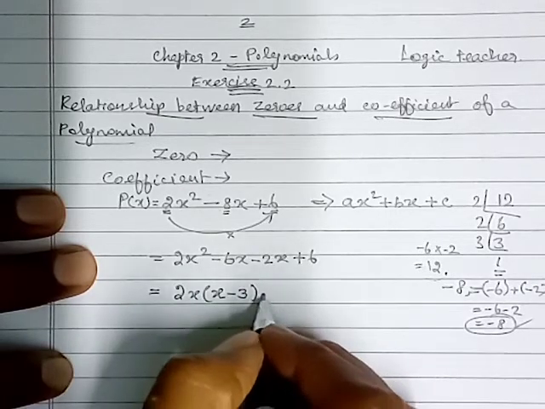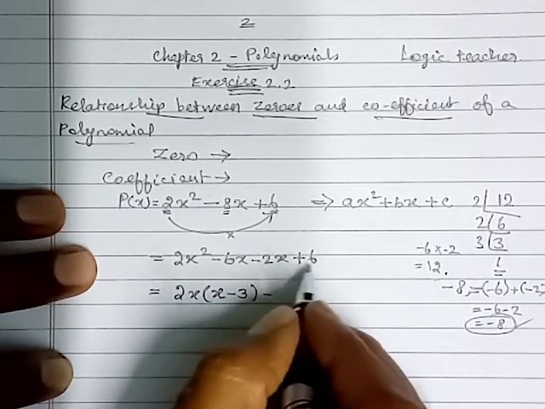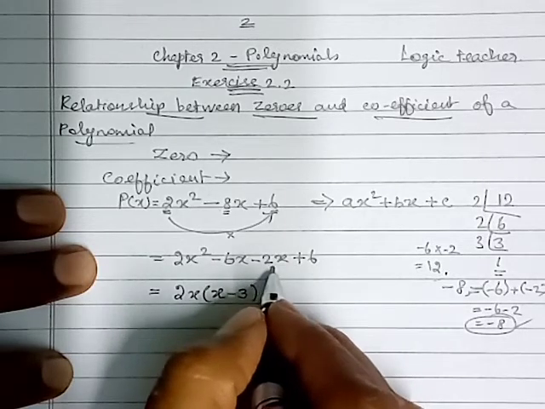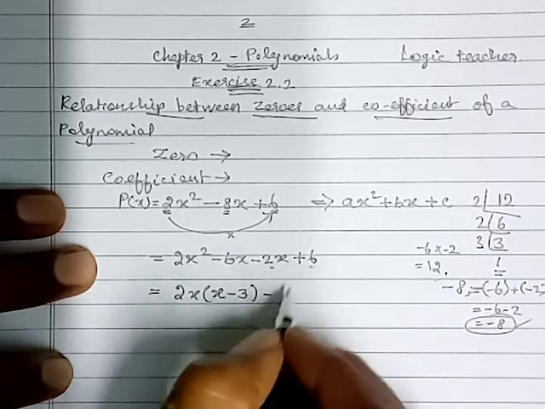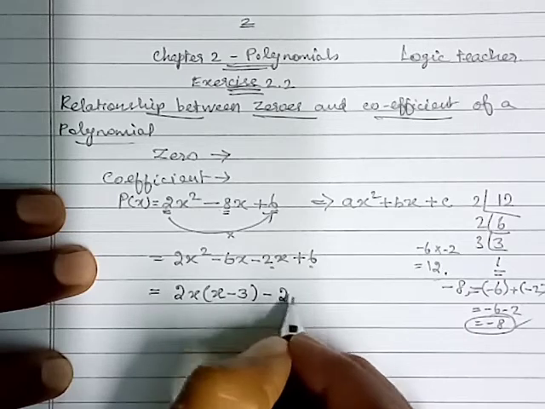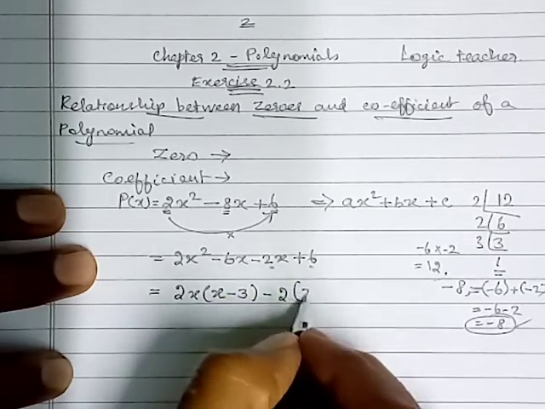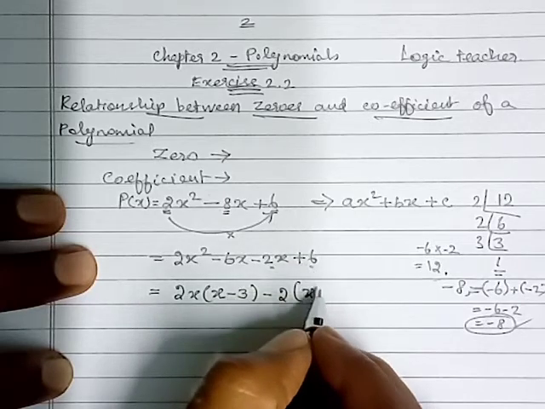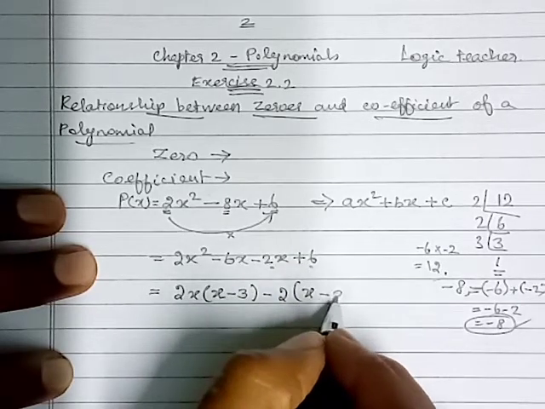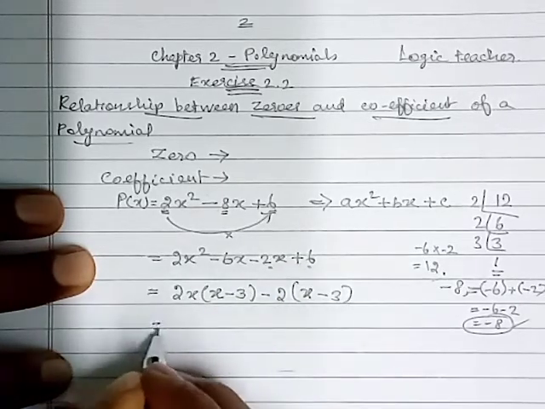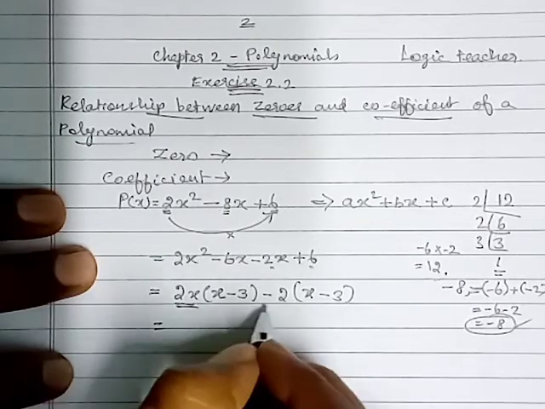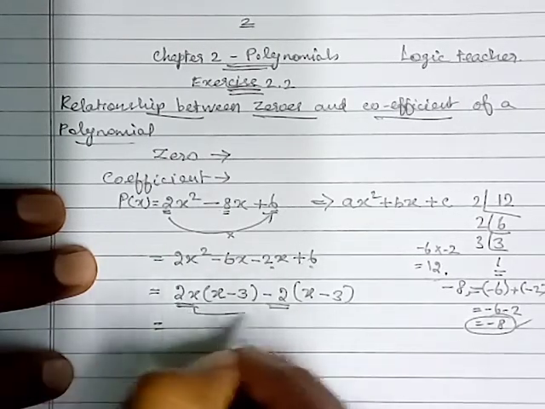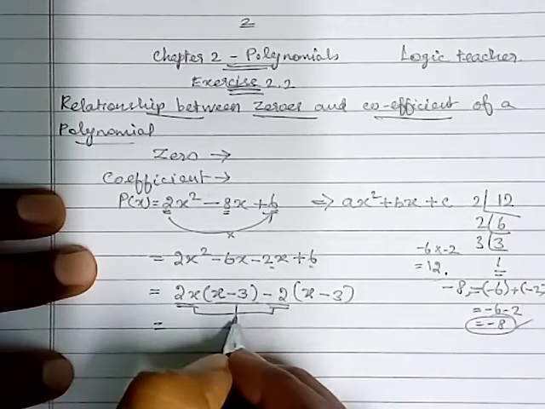Am I right? Here 2 is the common part in the last two terms, so we can take 2. The balance is x, and this is plus 6, minus into plus, minus 3, right? In the next step, take this as a common factor.